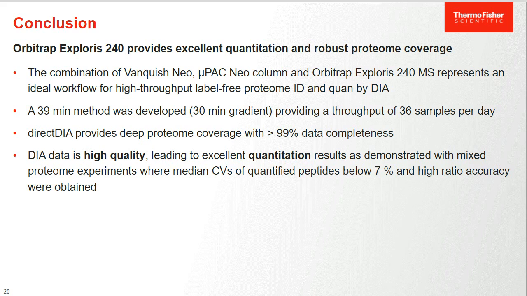Direct DIA provides deep proteome coverage with more than 91% data completeness. DIA data is of high quality, leading to excellent quantitation results as demonstrated with mixed proteome experiments, where median CVs of quantified peptides were below 7% and high ratio accuracy was obtained. This concludes my presentation today, and thank you all for your attention. I can take any questions you may have.